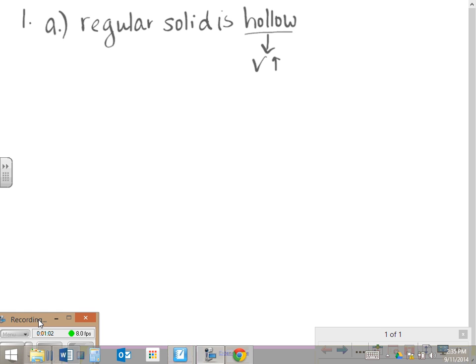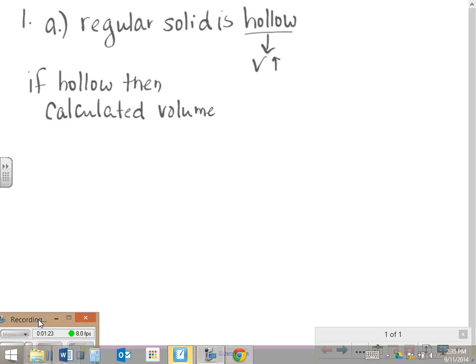So if our volume is too high, we're going to find out what that calculation does. So if hollow, the calculated volume, because this is our regular solid, is too high.